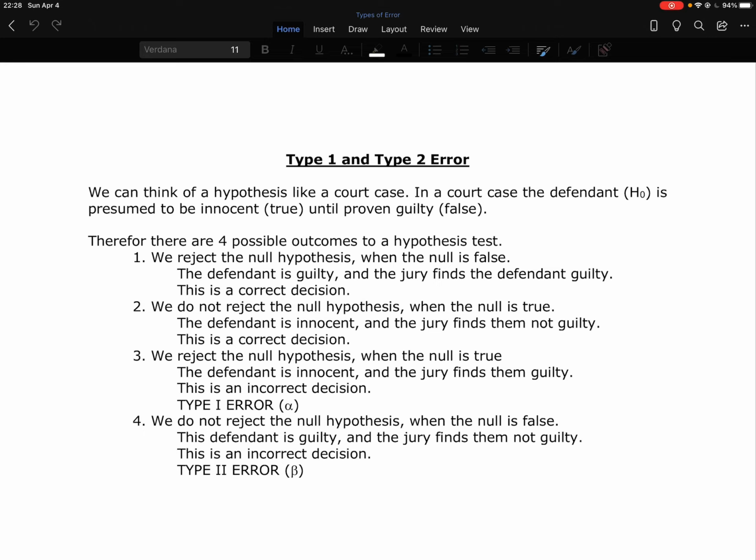So this is where, if you think about the court case, you have your defendant on trial, they did not commit a crime, but the jury sends them to prison or makes them pay the fine anyways, depending on the severity of the crime, right? Let's say we send them to prison. So this person is sitting here, they didn't do anything wrong, and the jury sends them to jail. That is incorrect, that's a problem. The same thing can happen in a hypothesis test. We can come to the conclusion that our null hypothesis is false, but in reality it was true.